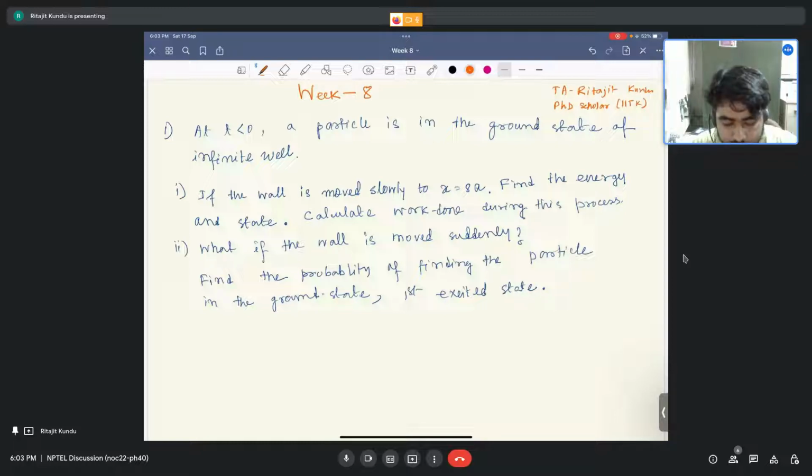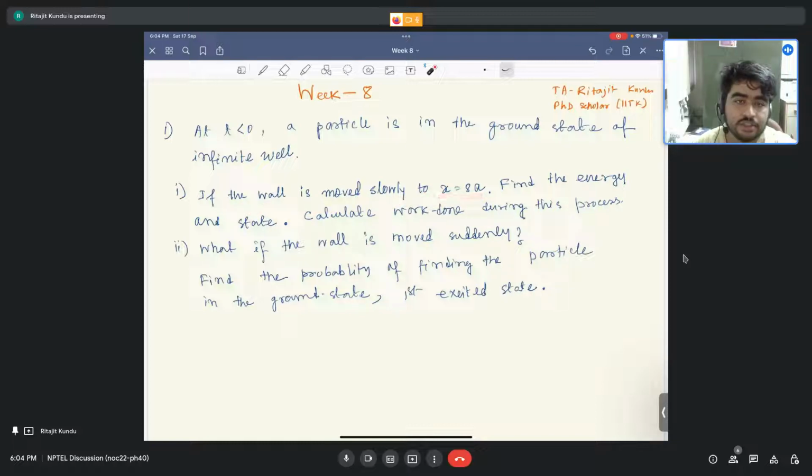So, let's do this one. This is problem one. At t less than 0, the particle that we're talking about is in the ground state of an infinite well. Now the first problem is if the wall is moved slowly to some other distance.